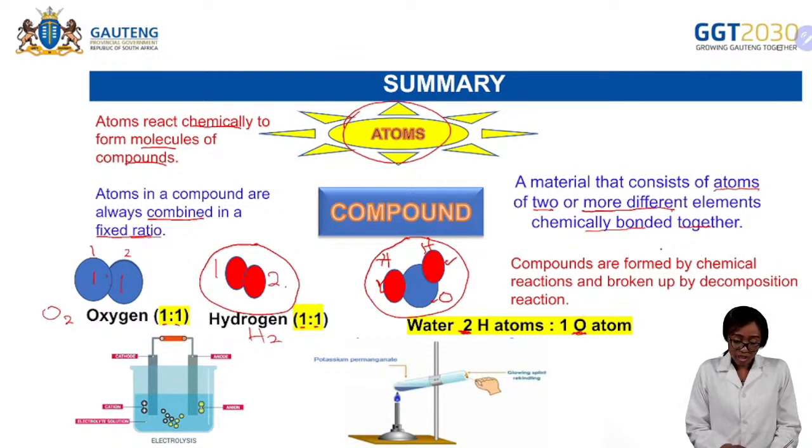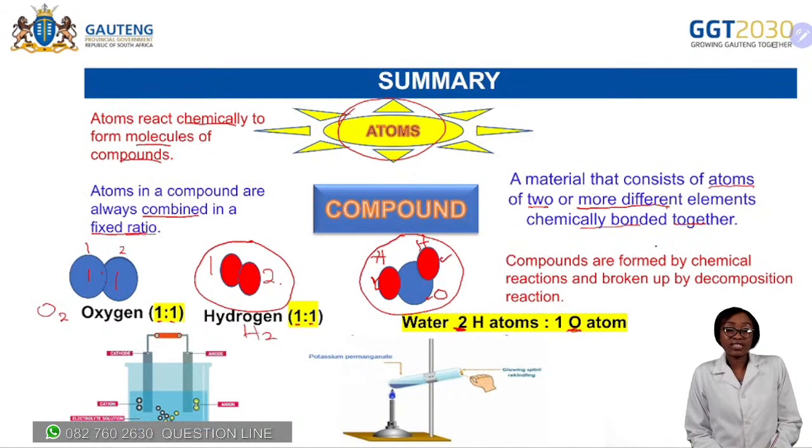We also learned about a special type of chemical reaction, the decomposition reaction. What is a decomposition reaction? Do you remember? You can send in responses as I am going on our number, which is 082 760 263 630. A decomposition reaction is where compounds are broken up by decomposition.